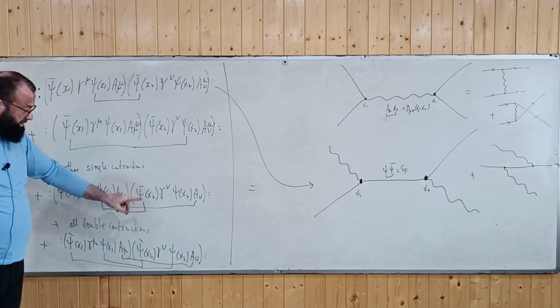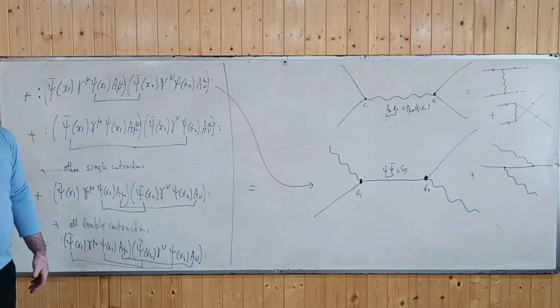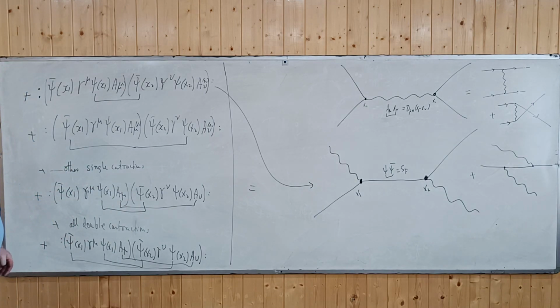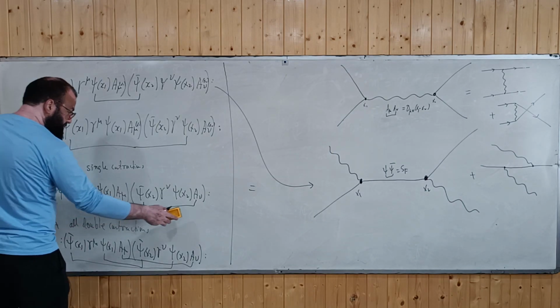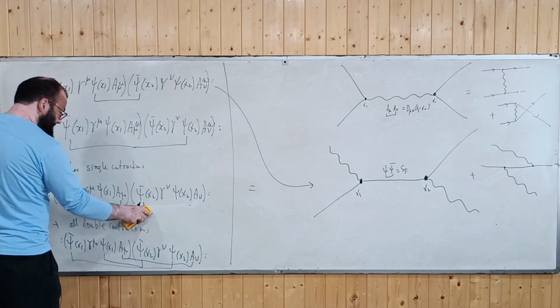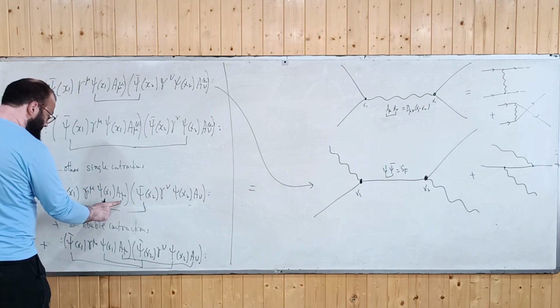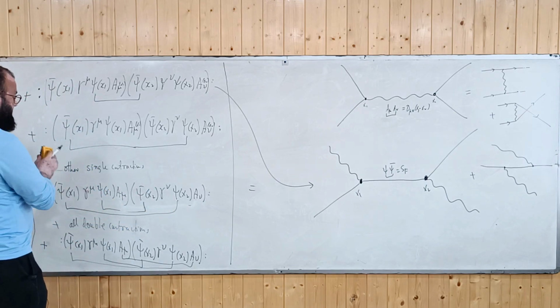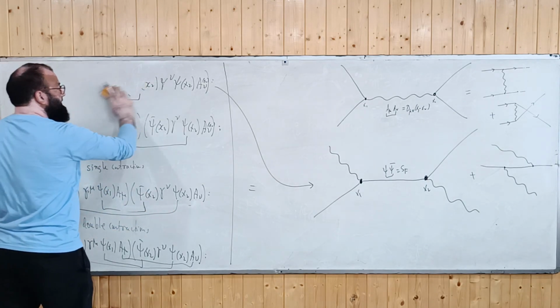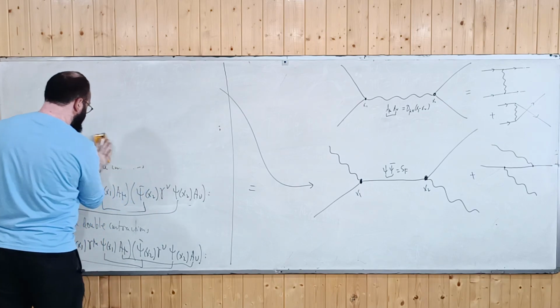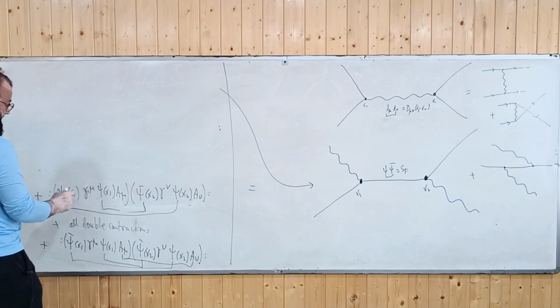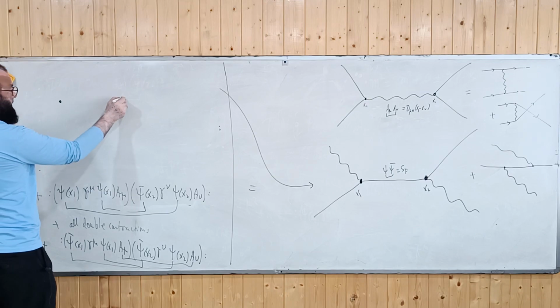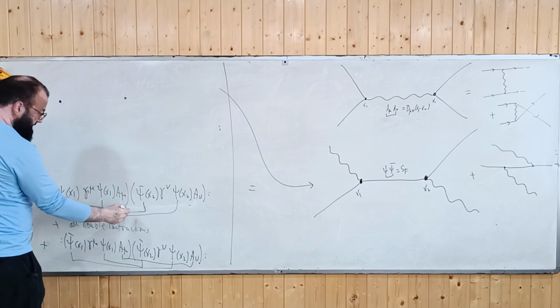Now let's look at other diagrams where you have two fields getting contracted. You have psi and the photon field. Let me write it this way. Instead of psi, two A's. Let me contract this psi bar with this psi. Let me take this diagram because it has a physical meaning. You have points x1 and x2 which are contracted.